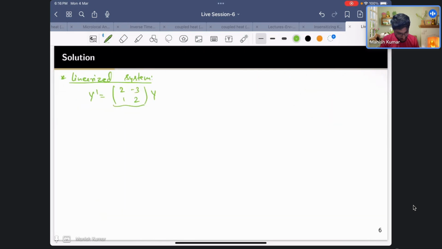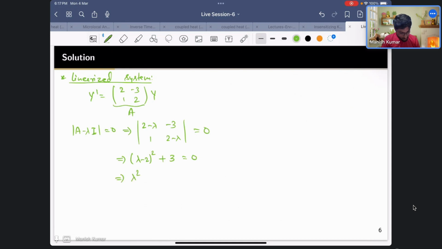So let us say that this is a matrix A. Now A minus lambda I equated to 0. So what we have is 2 minus lambda, minus 3, 1, 2 minus lambda equal to 0. So lambda minus 2 whole square, sorry, plus 3 equal to 0.